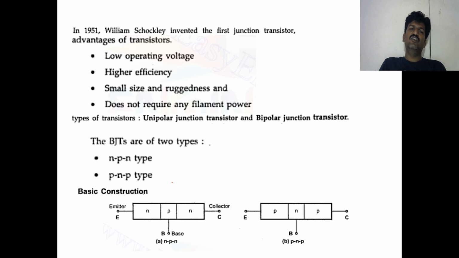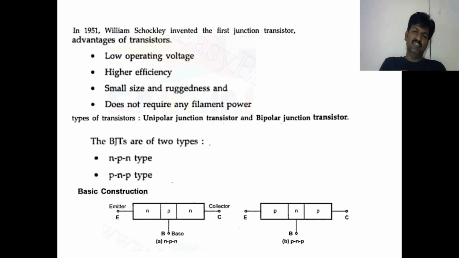So the unipolar junction transistor allows the movement of either electrons or holes only, to get current passing through the device.